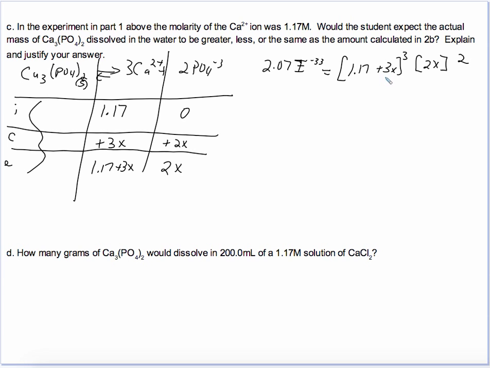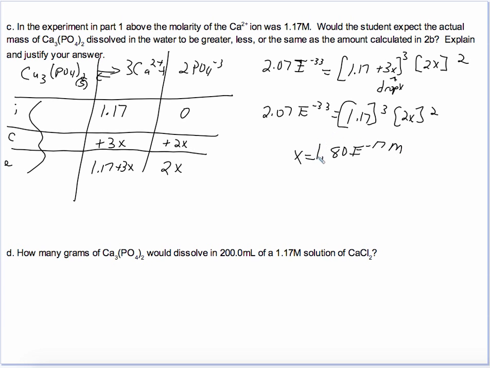You could look at this and say this x is not going to be a very big number, since we did it in pure water. So basically we can drop this x, which prevents us from having to do some difficult math. That gives 1.17 to the third power times 2x to the second power, and if you solve, x is equal to 1.80 e to the negative 17 molar.